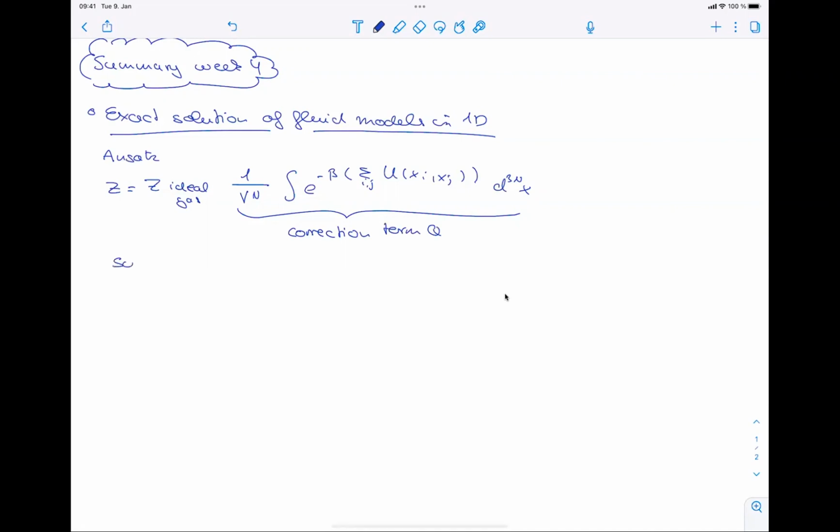And so this was solvable for a 1D nearest neighbor.